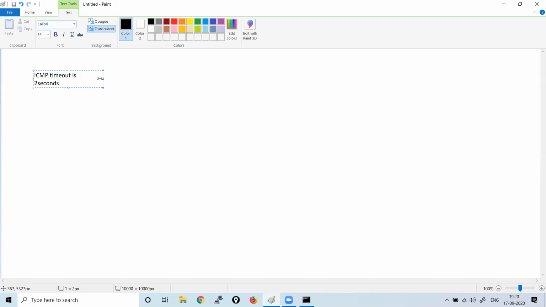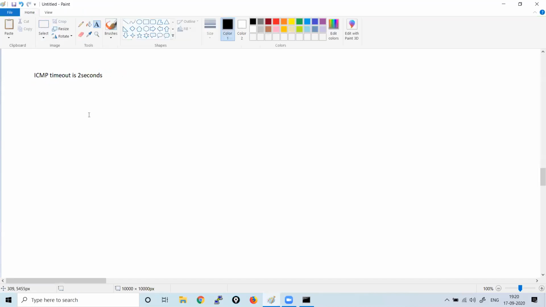One more thing: ICMP doesn't really have any idea that there is an ARP involved. There's a protocol involved named ARP. ICMP will say, I am sending the request, I need the reply within how much time? 2 seconds. If I don't receive any reply, I'll discard and I'll regenerate it.